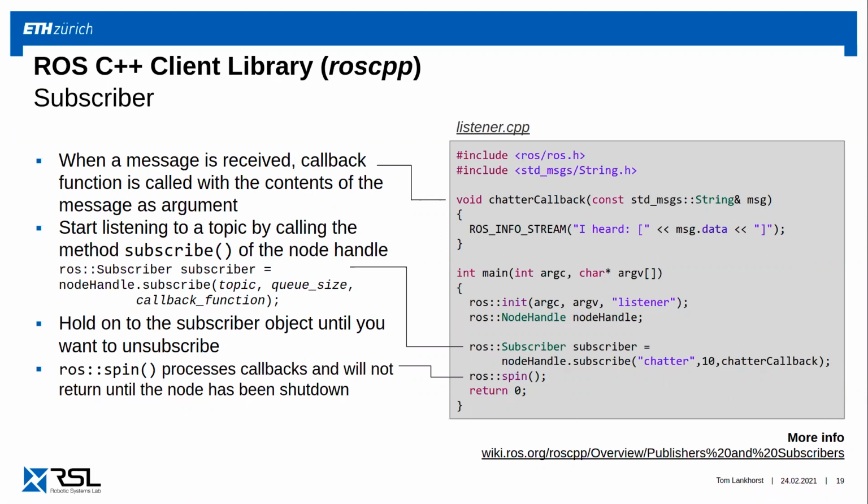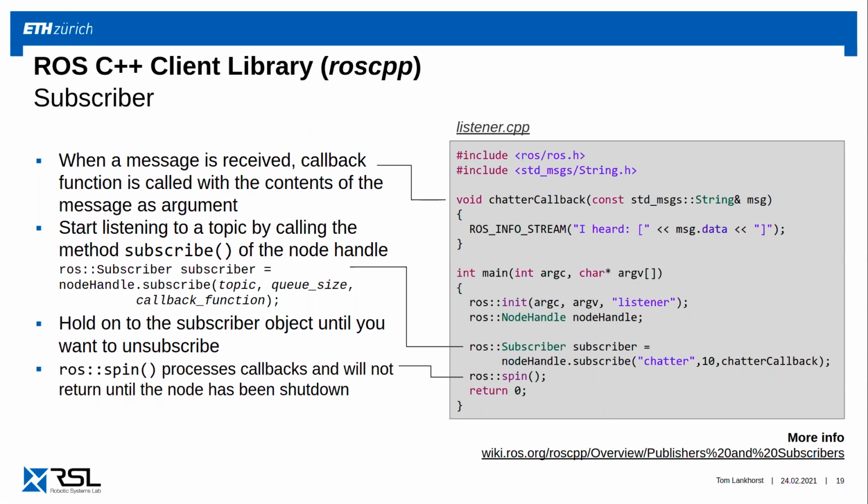Now, to implement a subscriber, we define a so-called callback function. That is a function that the subscriber will call whenever it receives a message on the specified topic. In this case, we call that callback chatterCallback. We see that the argument to the callback is a so-called const reference to the standard message string.